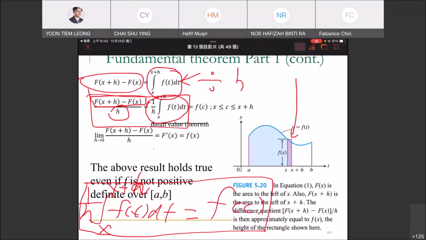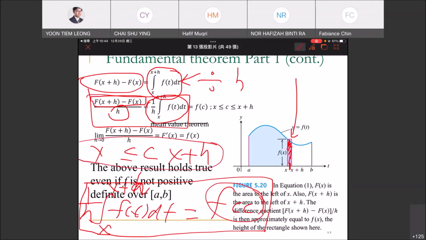So c is a value that is guaranteed to exist between x and x plus h. You don't care where it is, but it is guaranteed to exist, and its value is sandwiched between x and x plus h. So you guarantee the existence of such a c where the value of f at c represents the average of the function within this small region.